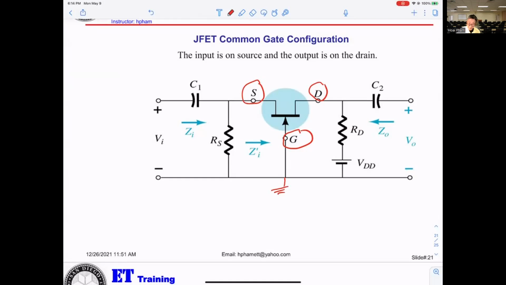And the output from the drain. So basically, when you say the input applied to the source and the output from the drain, that will be common gate. Okay.